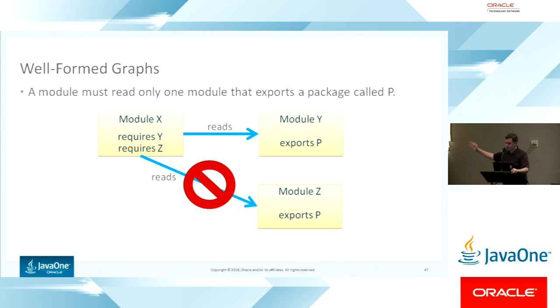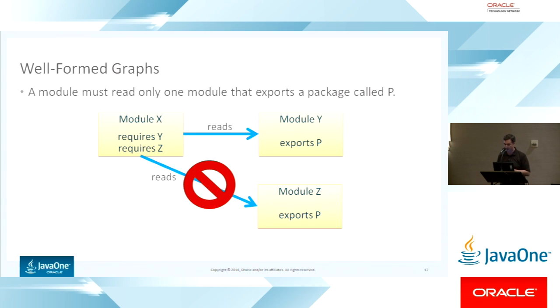If a module could read more than one module that exports P, as X is trying to do here, in which module would P be accessed? There's no answer. The module graph is just broken. So we defend against that. Only module graphs which obey this constraint and have no cycles can be turned into a layer. That's really what we mean by reliable dependencies.